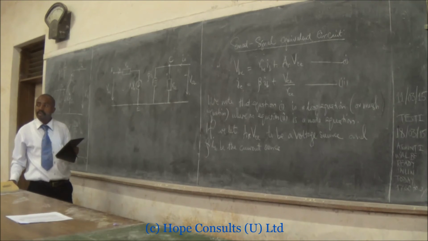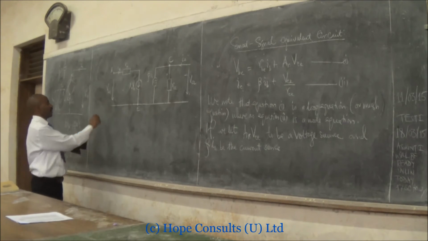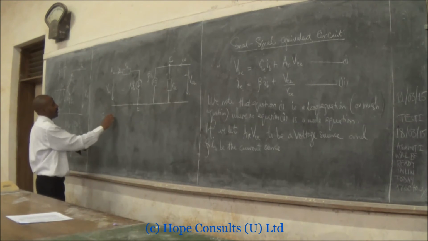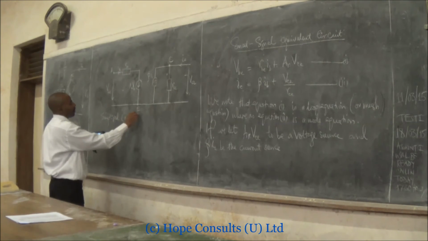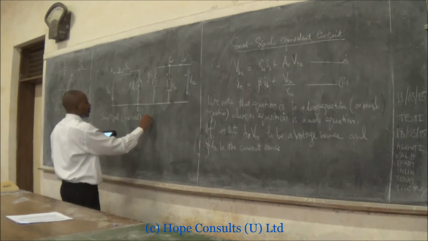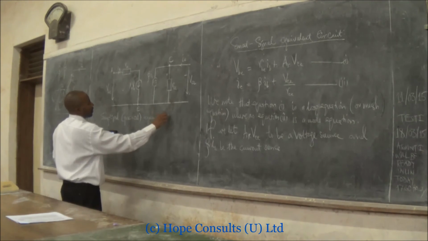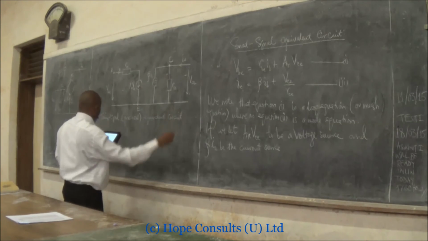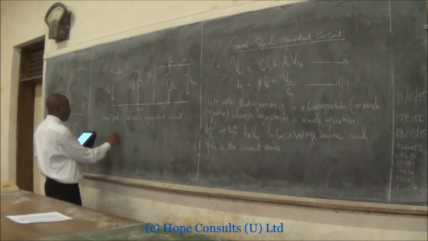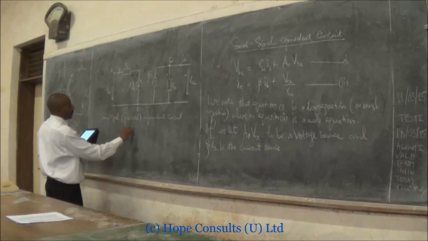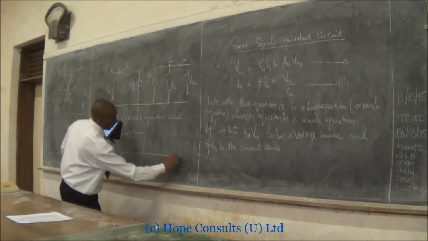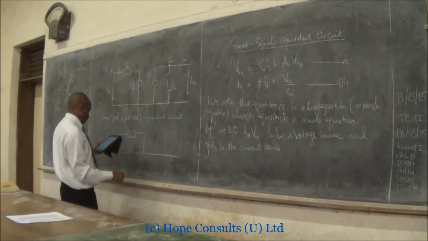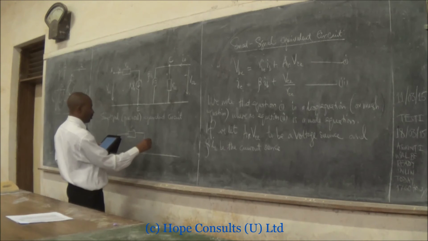We can get simplified ones, which we sometimes call the practical equivalent circuit. Here we get our base, our RBE input resistance. We cut off the voltage source, and then we remain with the current source.